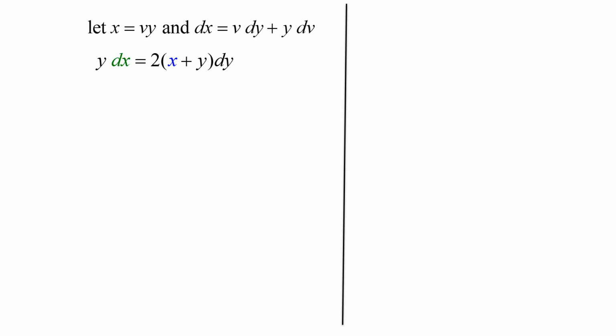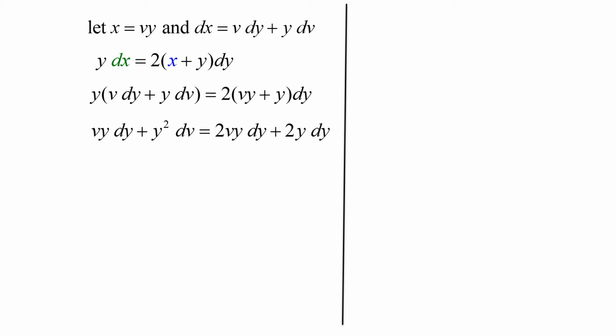If we make our substitutions, we'll get y times (v dy plus y dv) equals 2 times (vy plus y) dy. We're going to simplify by multiplying through to remove our parentheses. And if we do that, we get vy dy plus y squared dv on the left-hand side. And we get 2vy dy plus 2y dy on the right-hand side.